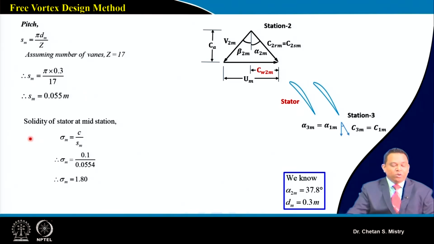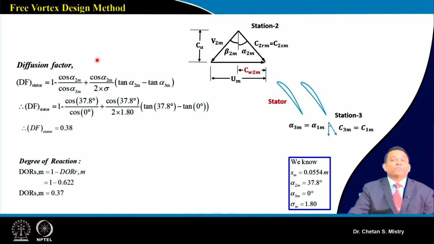Now the solidity we have defined as the chord to pitch ratio, and the solidity for stator is coming 1.80. At mid station, if we know our solidity, we can calculate our diffusion factor. This is the formulation for the diffusion factor.